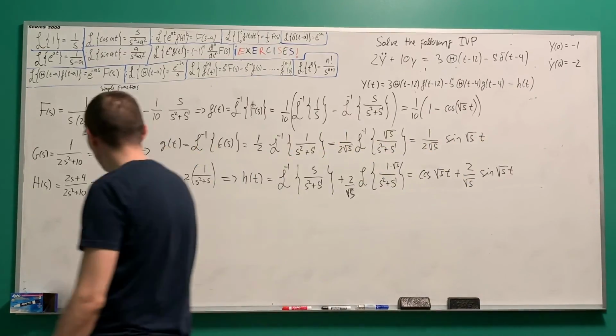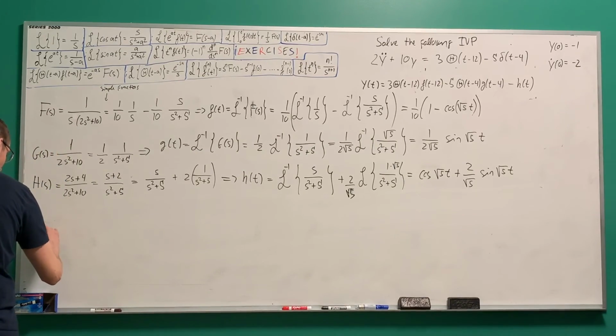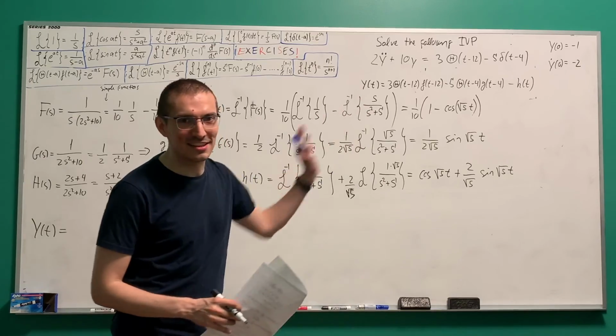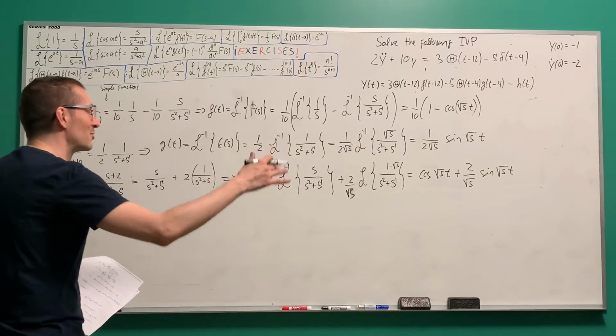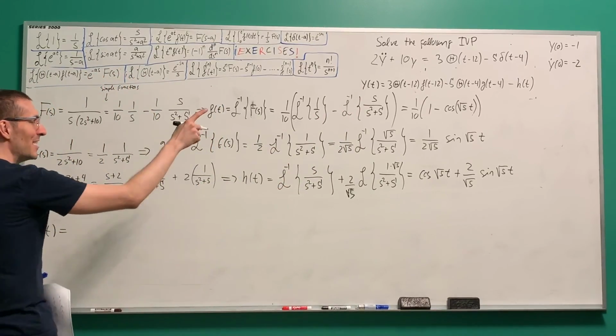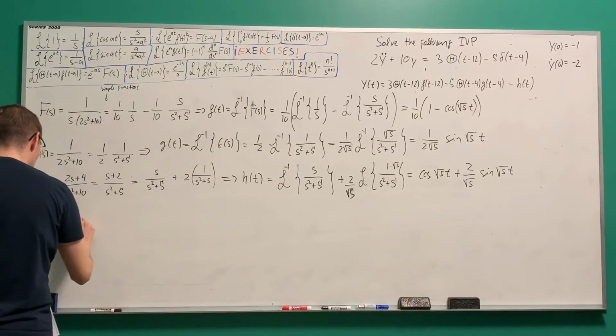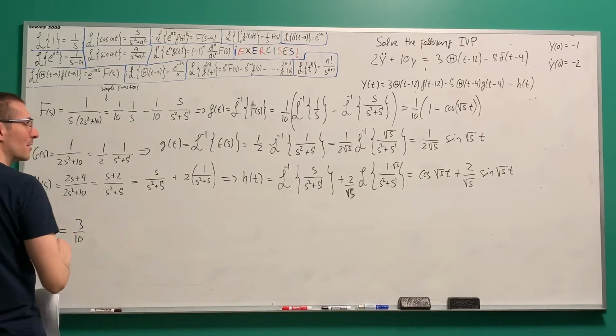And it's a long one, so y of t. So first, the one that is the bias, the displacement of the equilibrium because of the electric field that I applied, if you want. So it's 3 times f, and f is 1/10, so 3/10, okay?